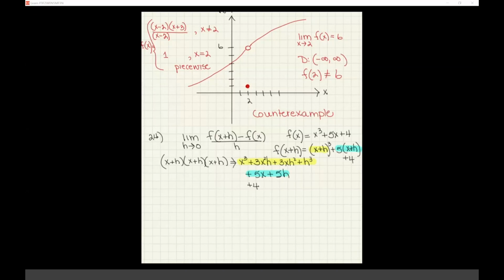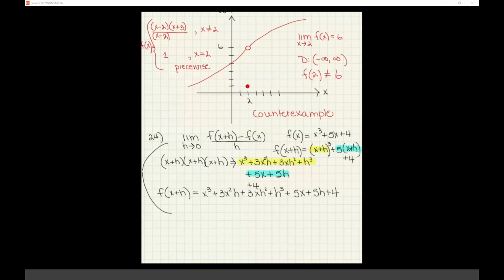So this is the whole expression. So f of x plus h is x cubed plus 3x squared h plus 3x h squared plus h cubed plus 5x plus 5h plus 4. That's the whole thing. All right?